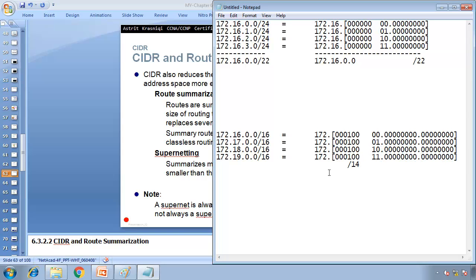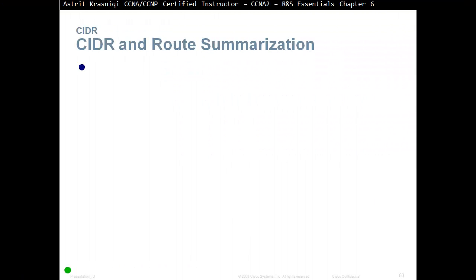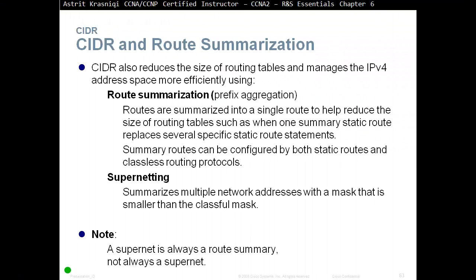Now all we need to do is convert this back into decimal, which is going to be 172, dot, even though these are zeros now, this bit we have to convert back to decimal, which is 172.16.0.0/14. 14 bits are the same. That's called supernetting now, because we're going from the classful address into smaller. Cool. Let's move on.